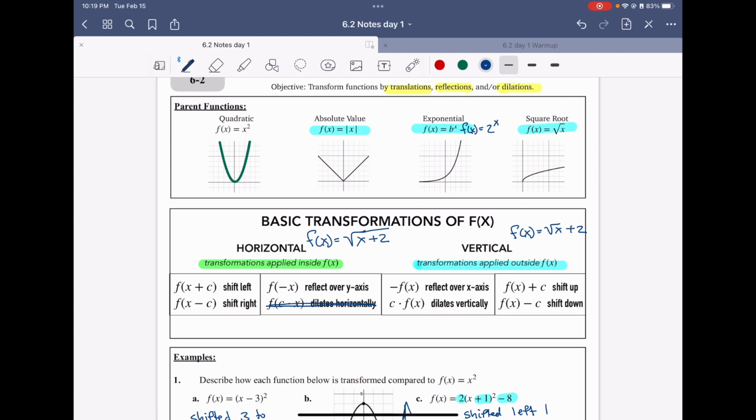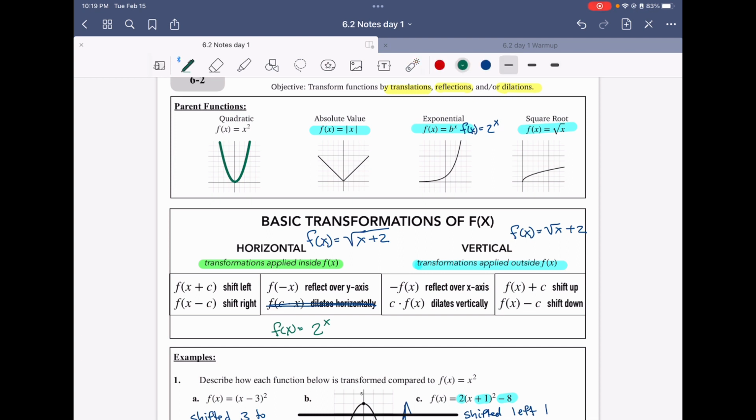And then for exponential, I'll write this one down here. We'll do it in green. For exponential, again, remember, it looks like 2 to the x. f of x equals 2 to the x. To be applied inside the function, this is probably the trickiest one, it means it's going to happen up in the exponent space.